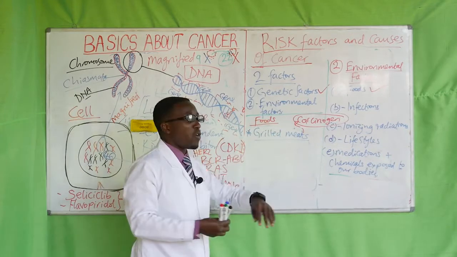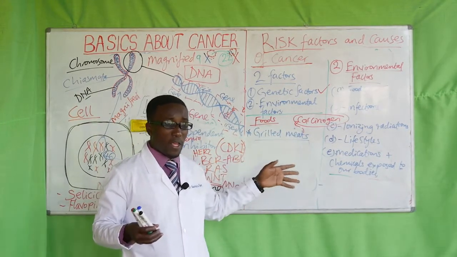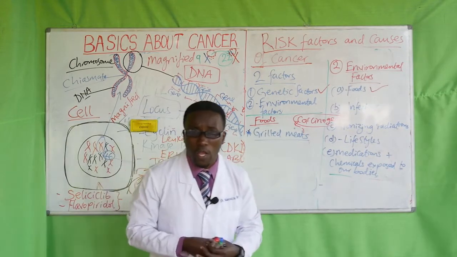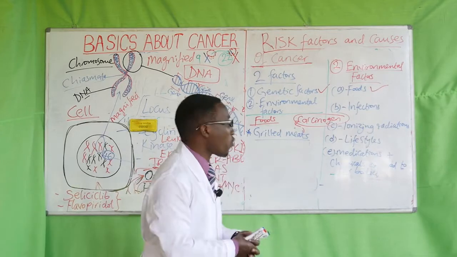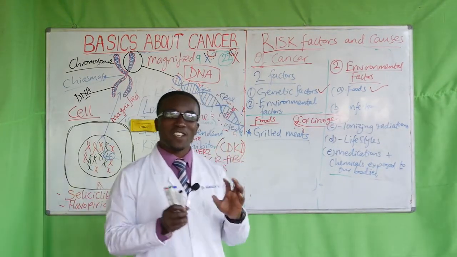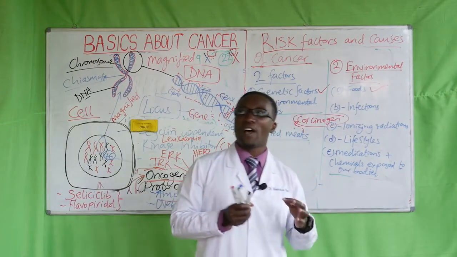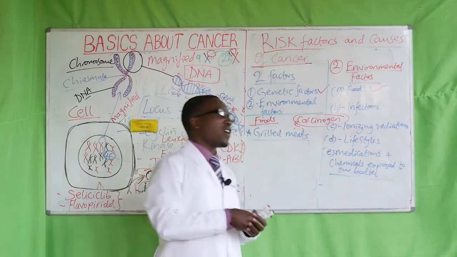So when we roast meats like that, we are using dry heat. We are doing what we call grilling. Now, grilled meats are very delicious. There's a certain aroma that comes out from grilled meat, like muchomo.